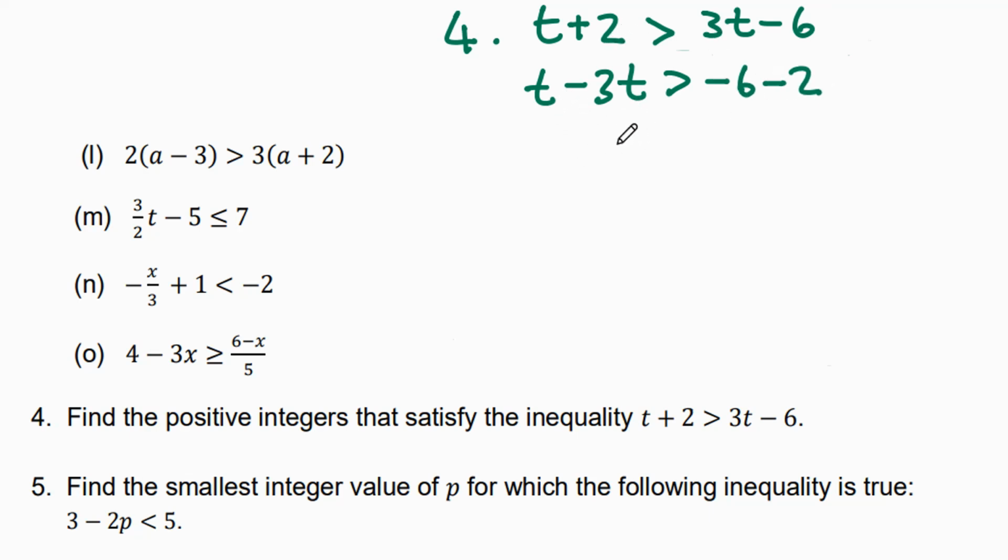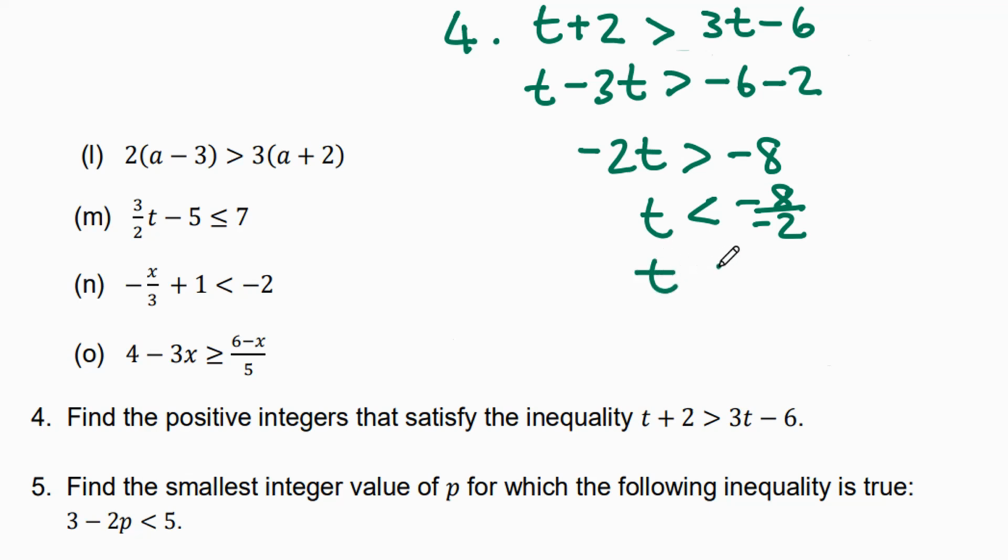So t minus 3t is negative 2t, and negative 6 minus 2 is negative 8. Now we can divide the negative 2 into the right-hand side, and our inequality will switch around. So negative 8 divided by negative 2, and then we see that t is less than 4.